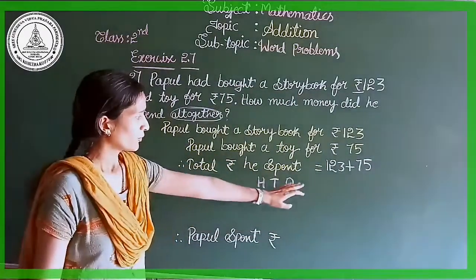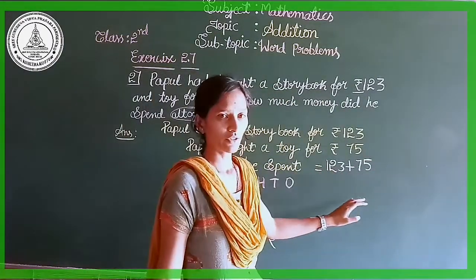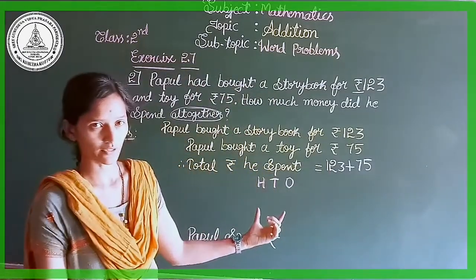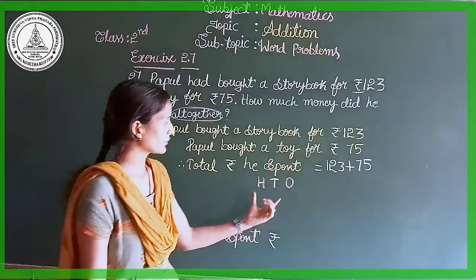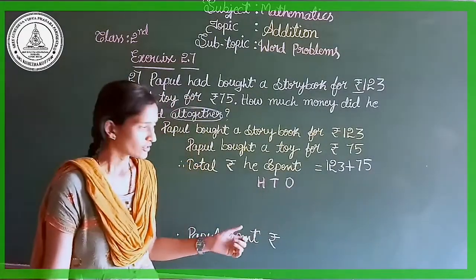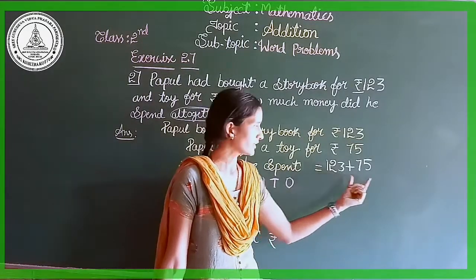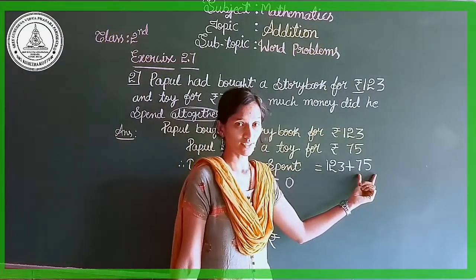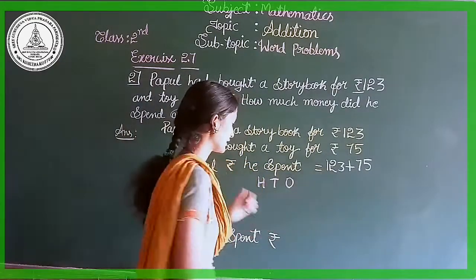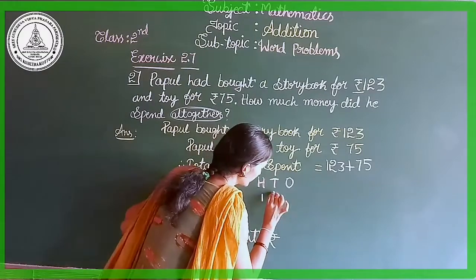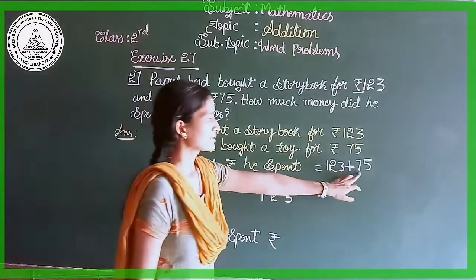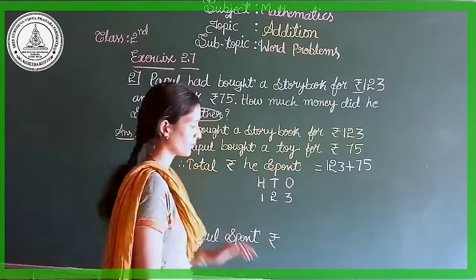If you add these two numbers, you get the total rupees. Okay. So first you have to write down under the columns of hundreds, tens and ones. Here it is a 3-digit number, and they gave a 2-digit number. So first write down the 3-digit number, that is 123. The next, 75, is a 2-digit number.